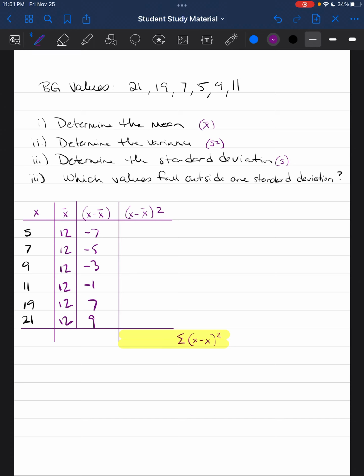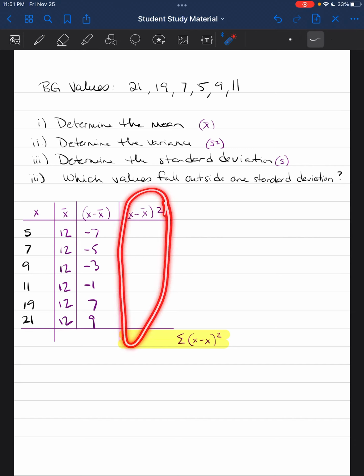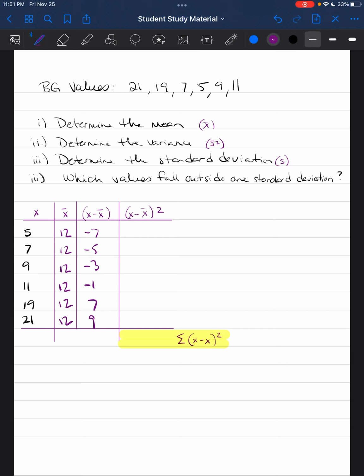So the next thing we're going to do is square the variation from the mean. You can see we're going to do this right here. Essentially, we go negative 7 squared, which changes into a positive to give us 49. 5 squared gives us 25. 3 squared gives us 9. 1 squared is obviously 1. 7 squared again is 49.